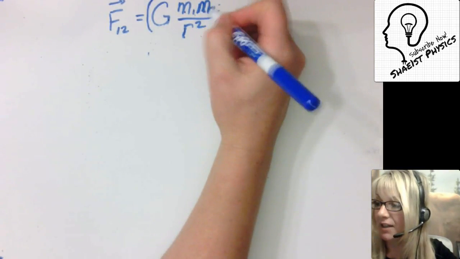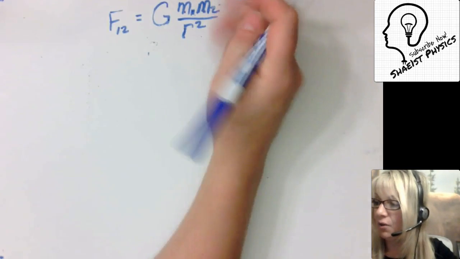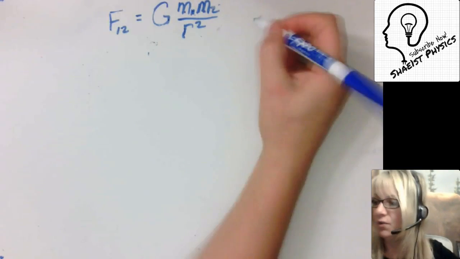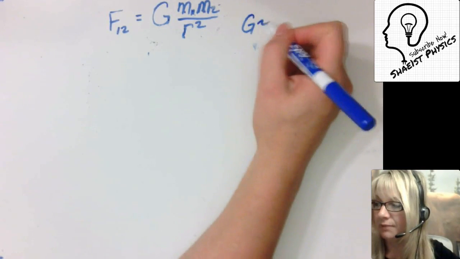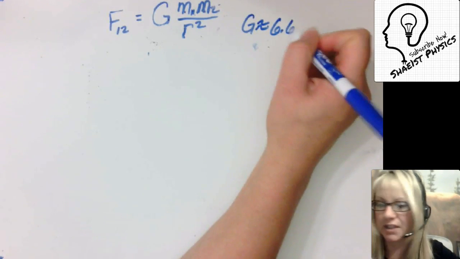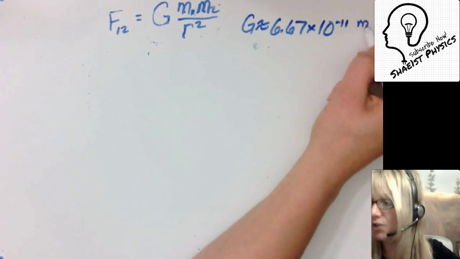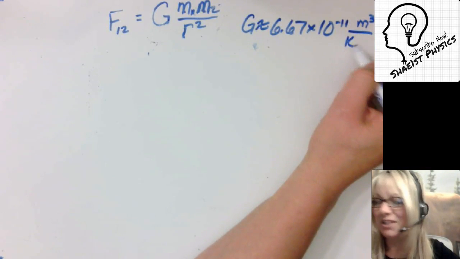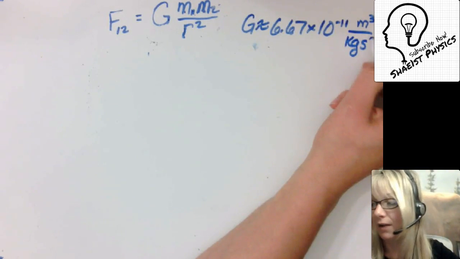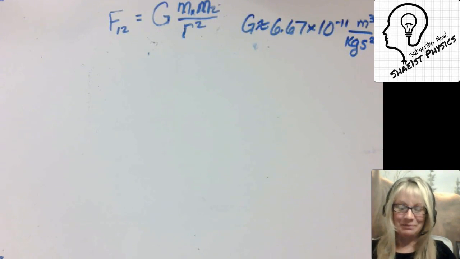So let's go back and just take a look at this equation. Let's just consider the magnitude. Now G, the approximate value of G is 6.67 times 10 to the negative 11 meters cubed over kilograms seconds squared.